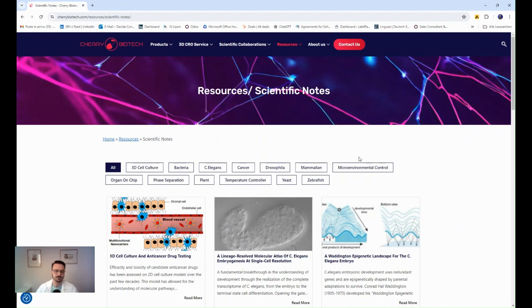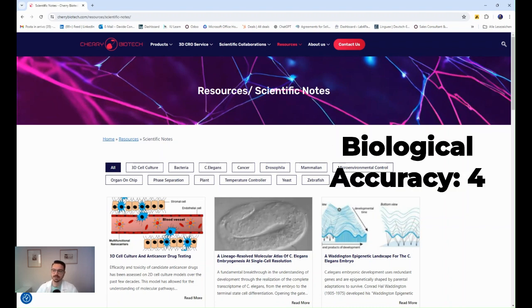It's another kind of model, if you want, compared to what you would have in a system as we had before with Kickstarter, where you had membrane models. But in this kind of model, you can actually see the spontaneous arrangement of different cells. So this is also a nice model. We will give it a good 4.